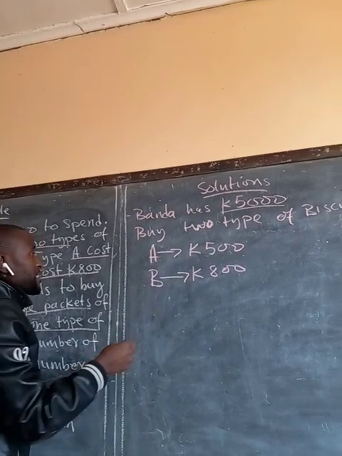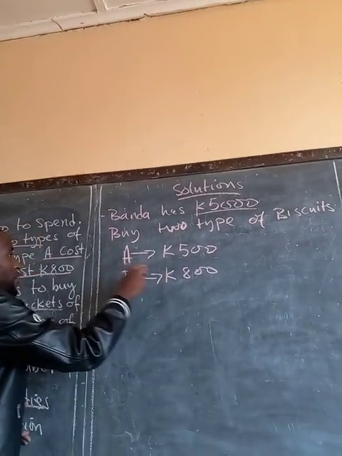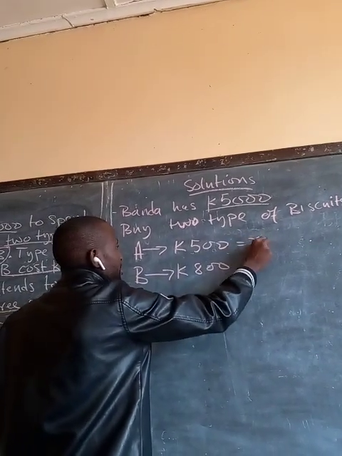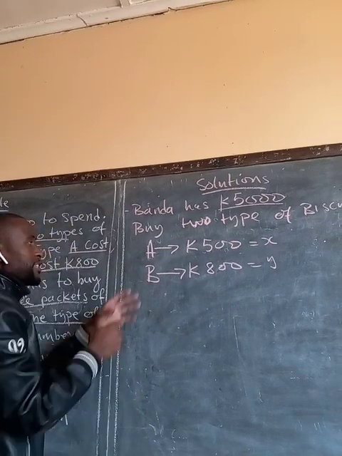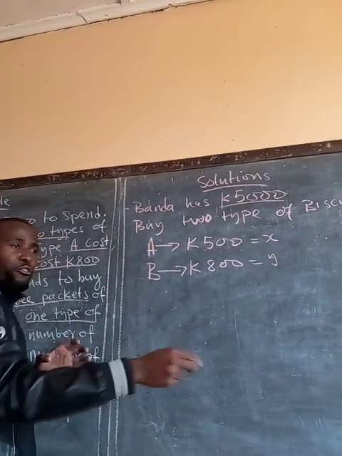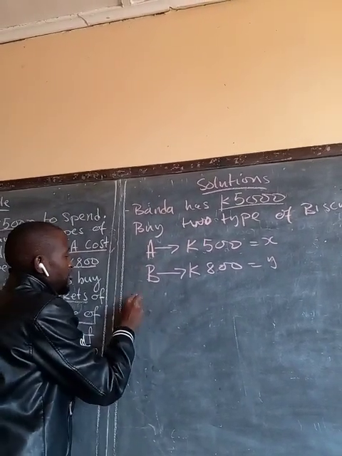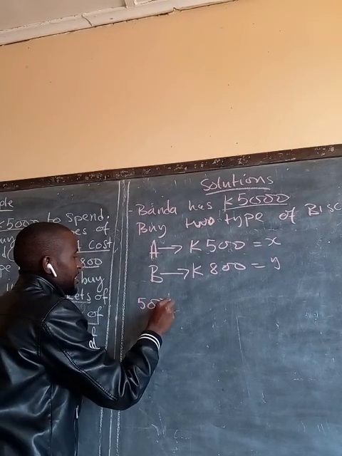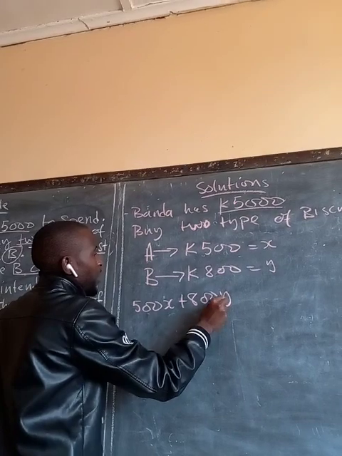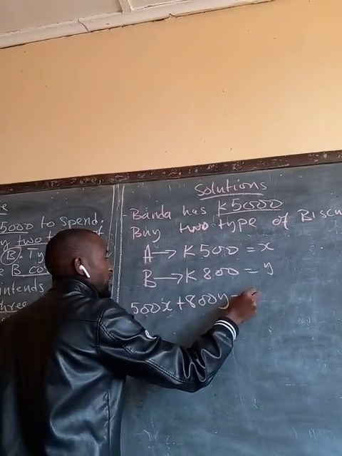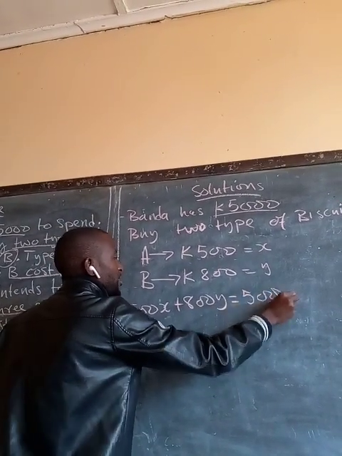Let A be equal to X and let B be equal to Y. So how do I join these? It will be 500X plus 800Y is equal to 5,000 kwacha.